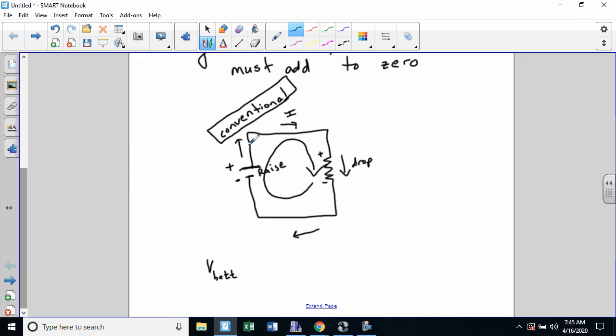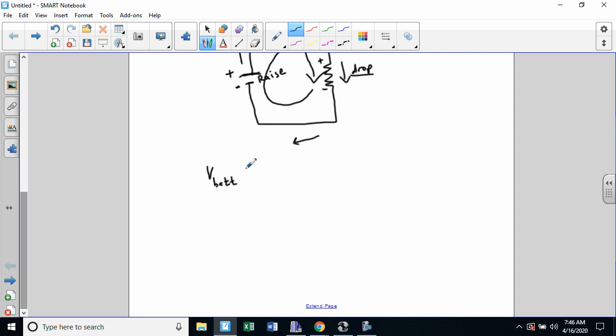And then as I continue with my finger in a clockwise direction, when I reach the resistor, I know the current was going this way, going down, so I called this the high energy side and this the low energy side. So when my finger goes in this direction, I'm going from high energy to low energy, so of course I know that this is a drop.